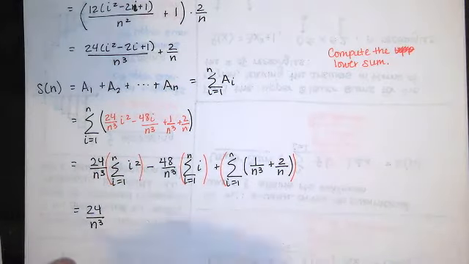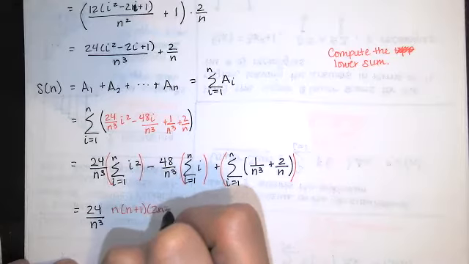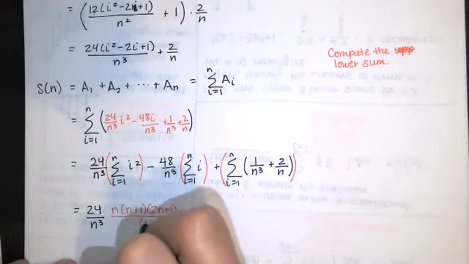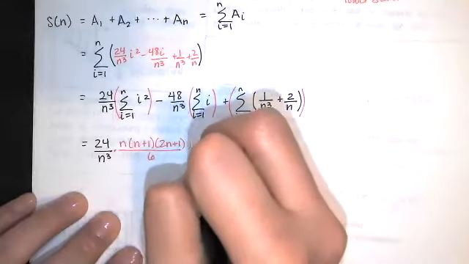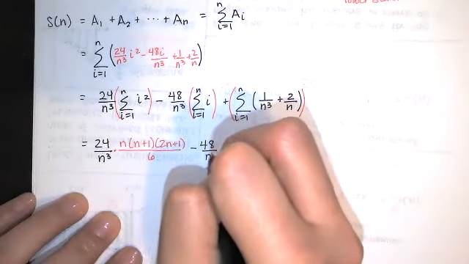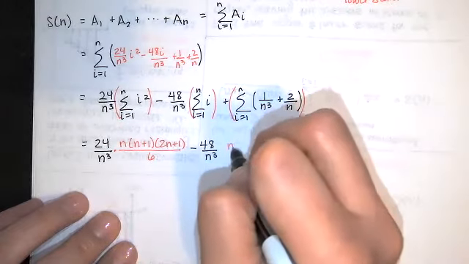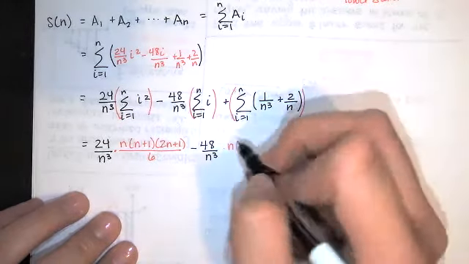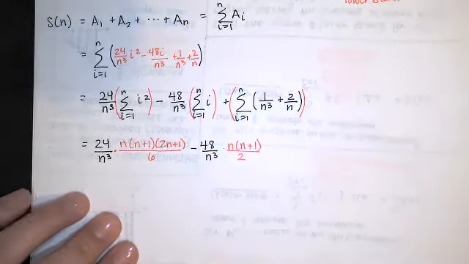The sum of the i squared is n times n plus 1 times 2n plus 1, and we're dividing all of that by 6. Then over here, bring that 48 over n cubed down. The sum of the i's, that comes from Gauss. We have n times n plus 1 over 2.